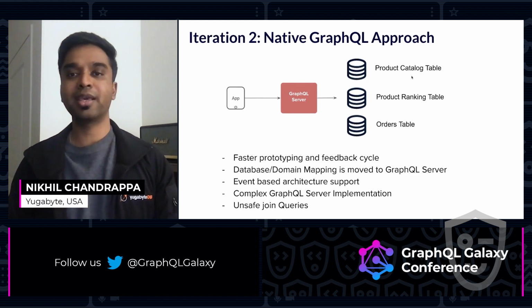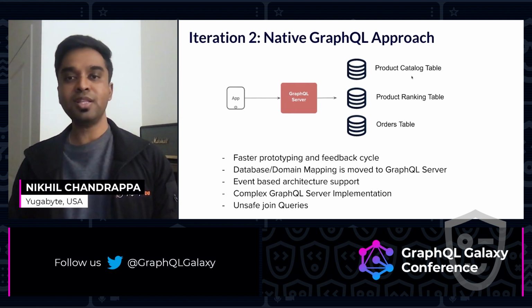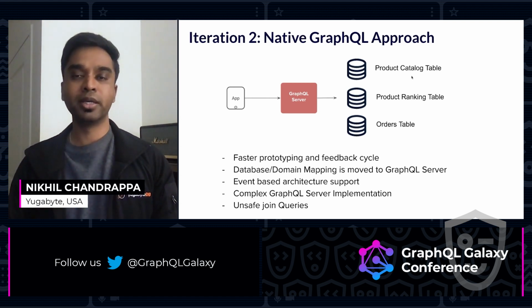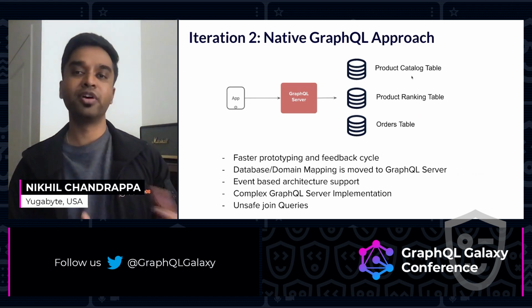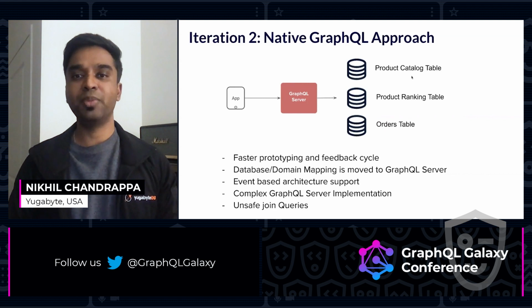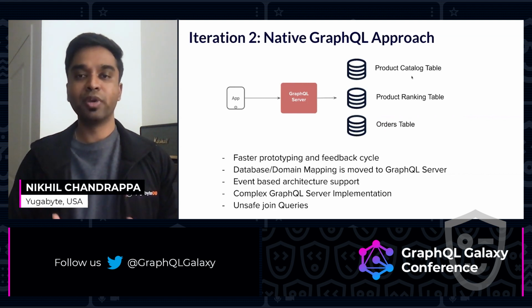We took the product ranking, which has a few things going on there. You have to filter the data based on the category and also sort it based on the ranking. So some of this happens on the database, and some of the filtering is also happening on the API layer. One thing we quickly understood was any CRUD against these tables is super easy and it's fast.